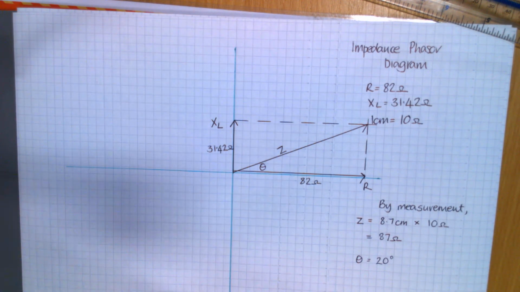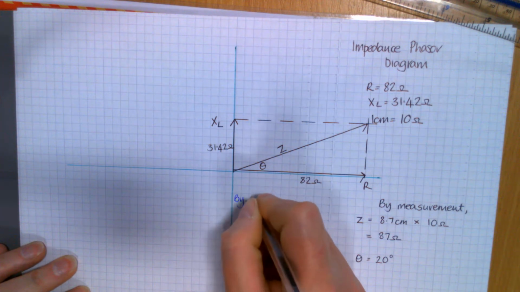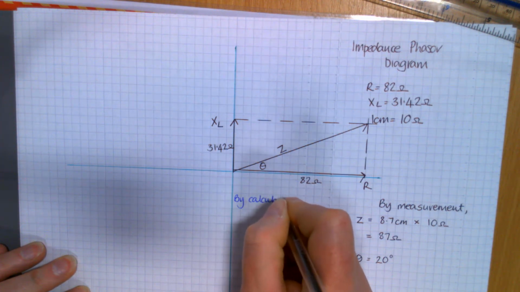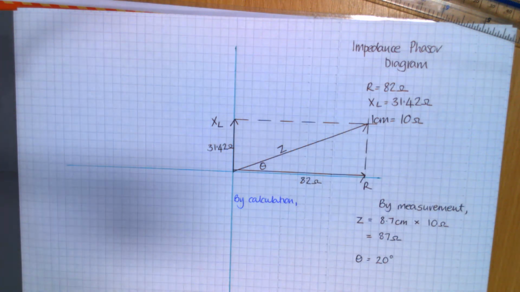If I want to do the same thing by calculation, how would you get Z by calculation?